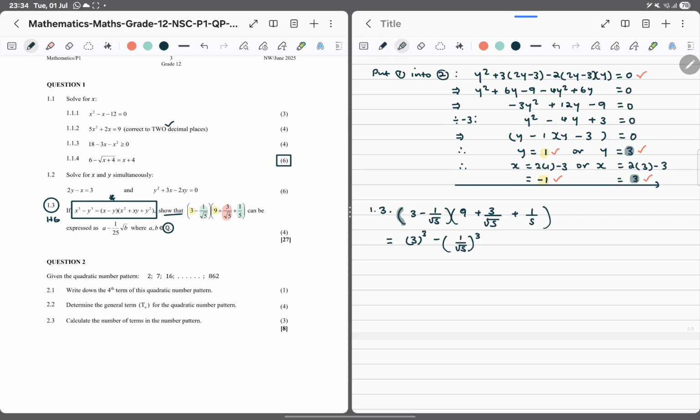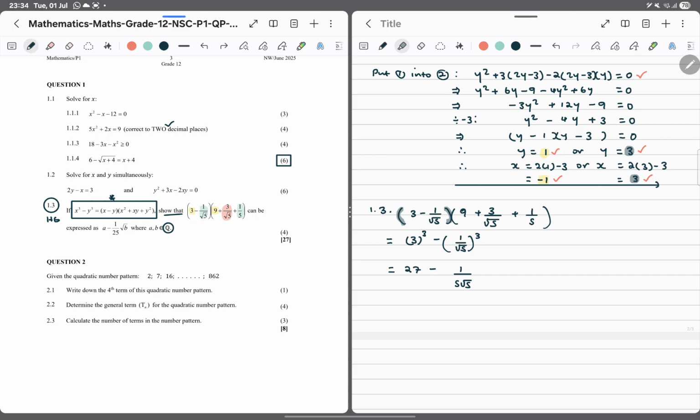So basically we just take this bracket and cube those parameters. Nice and easy. So we get 27 minus, this is basically 1 over root 5 is going to be 5 root 5. Okay, please, arithmetic guys, there's no excuses. But now we see that this is a rational number.